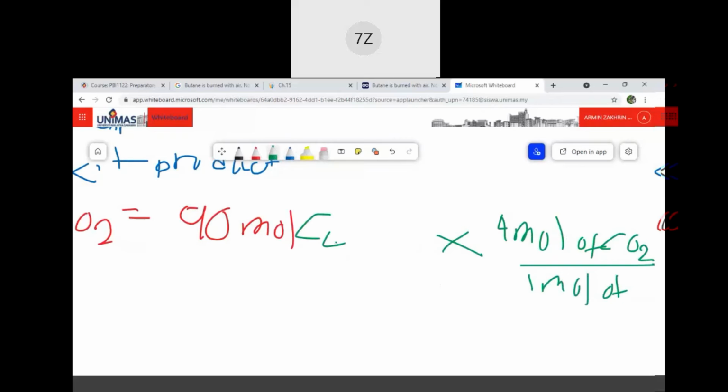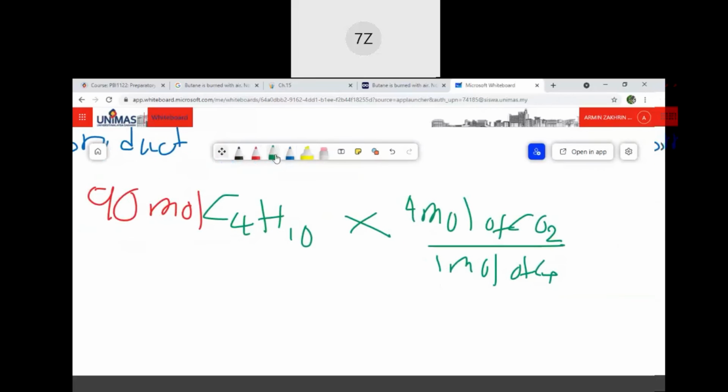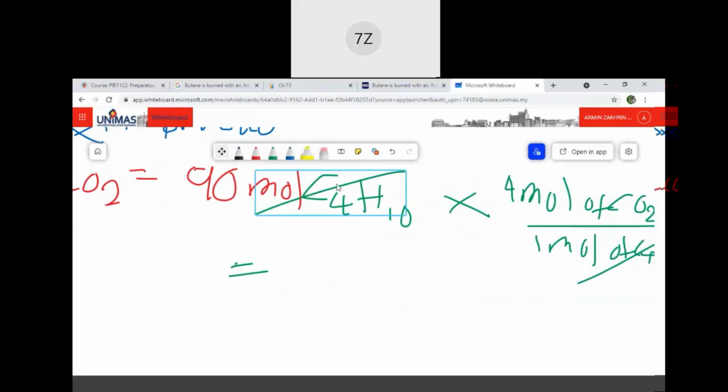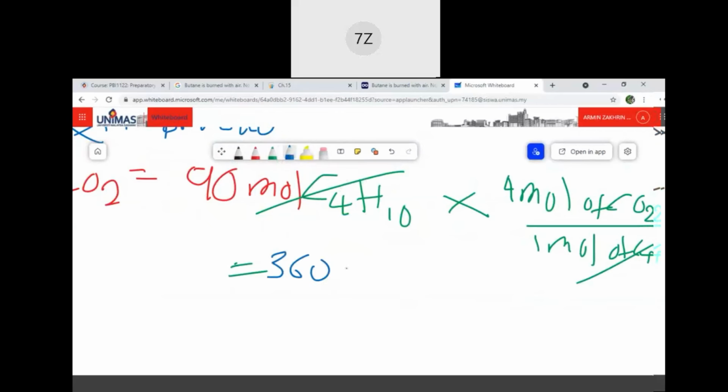Butane, sorry. 1 mole of C4H10. So we can cancel out the unit. You cancel out this unit, then you multiply it, and you get the answer for mole of CO2. So the answer is 360 mole.